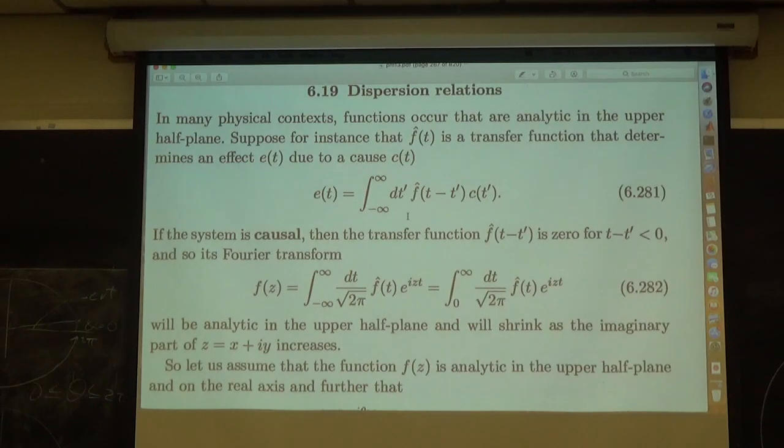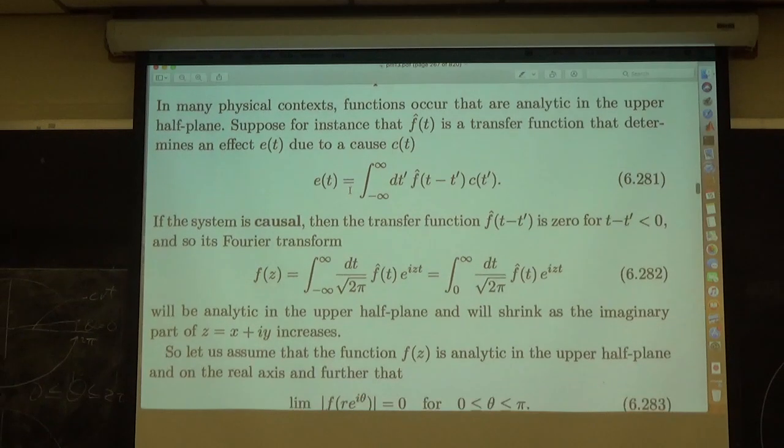And if the system is causal, then this transfer function is non-zero only when t is later than t prime, because a cause at t prime can only have an effect at later times. At least that's the way we think about cause and effect.